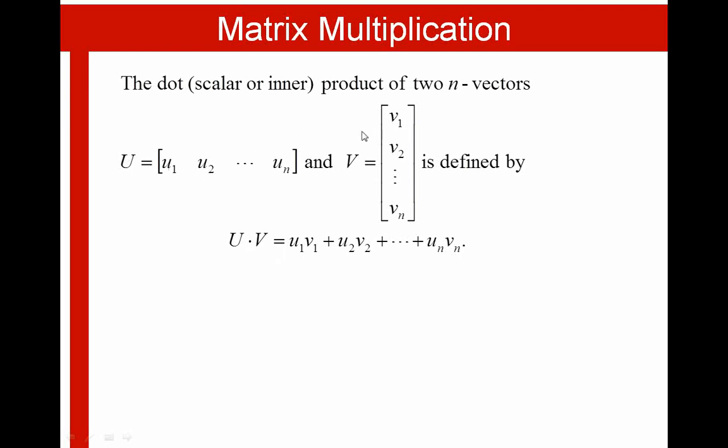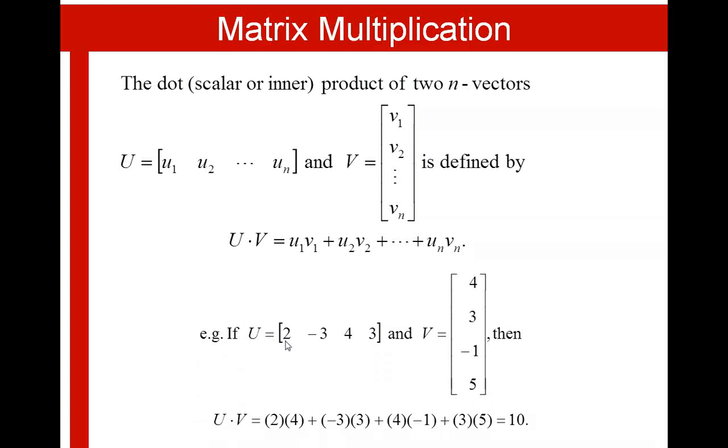In other words, u1 times v1 plus u2 times v2 plus u3 times v3, etc., till we end with un times vn. If we add all these products together, we obtain the scalar multiplication of the two vectors, and this becomes a number.